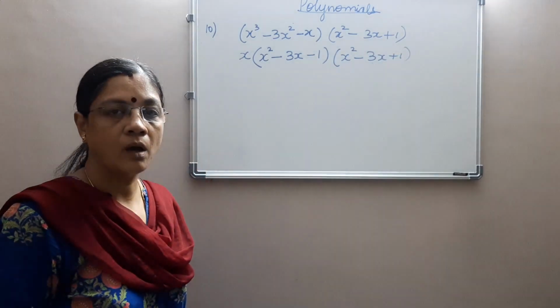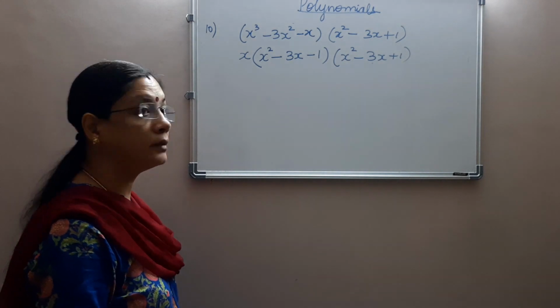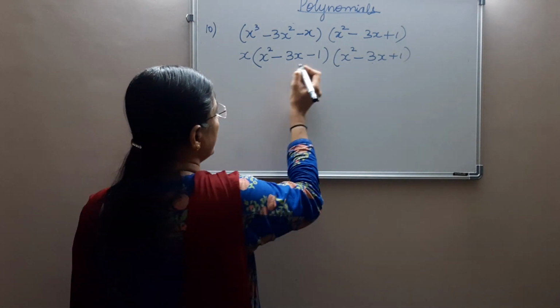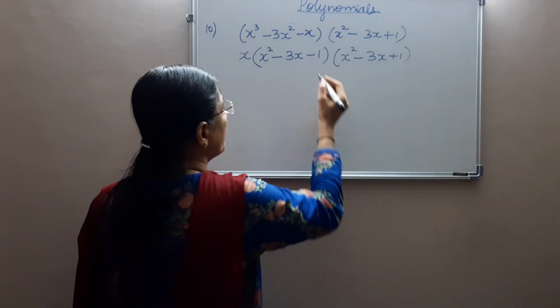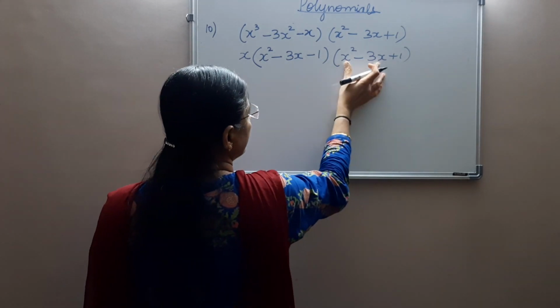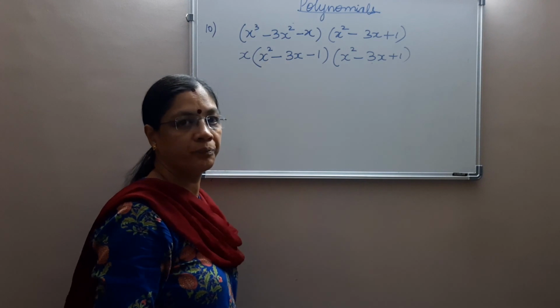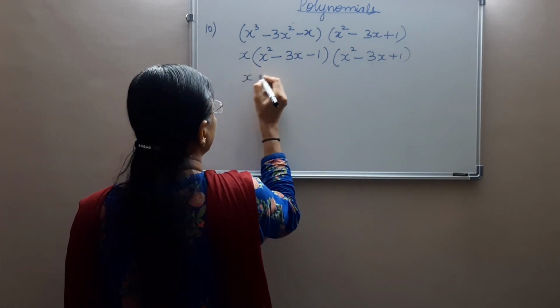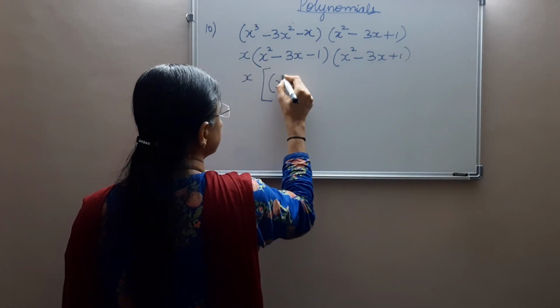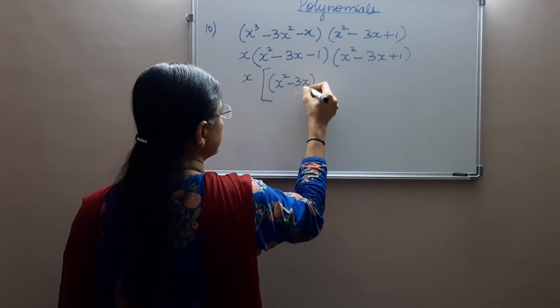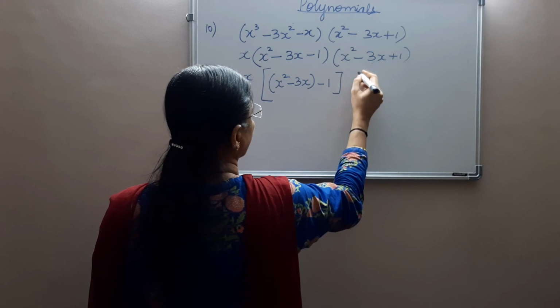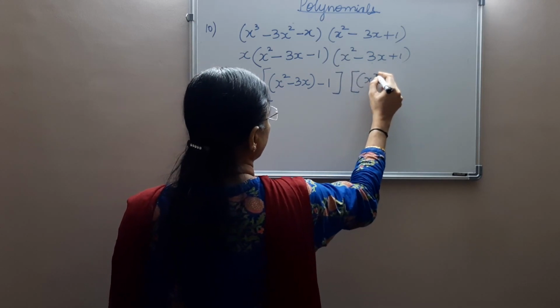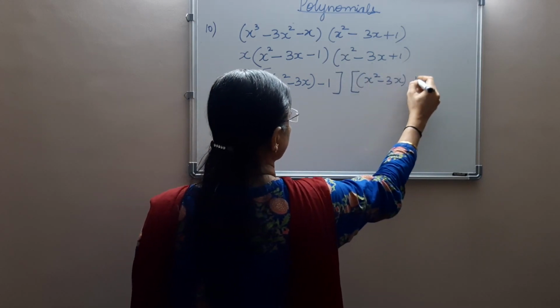Now, how will I simplify these two? You just see where the sign is different in both the terms. You have minus 1 here and plus 1 here, and the rest of the terms are same, isn't it? So I just rewrite it like this, into x squared minus 3x plus 1.